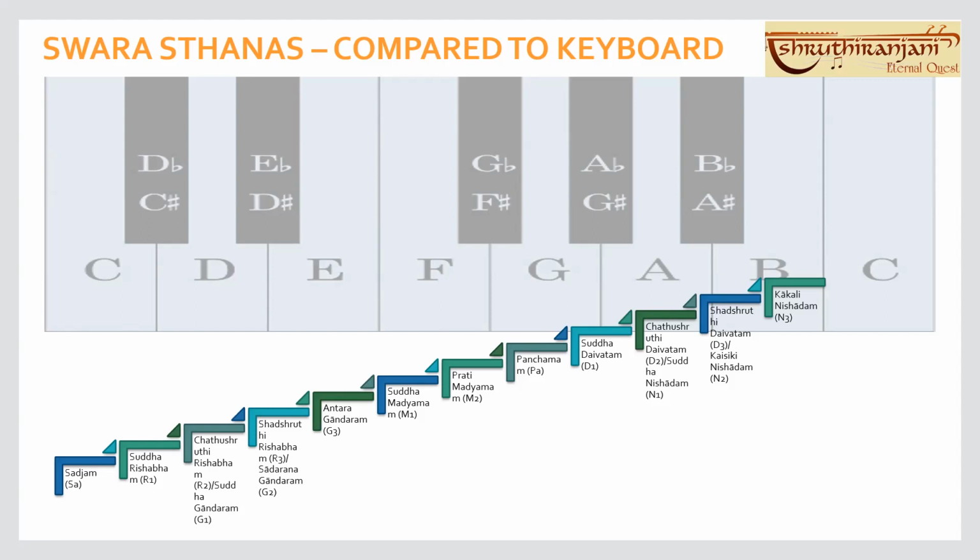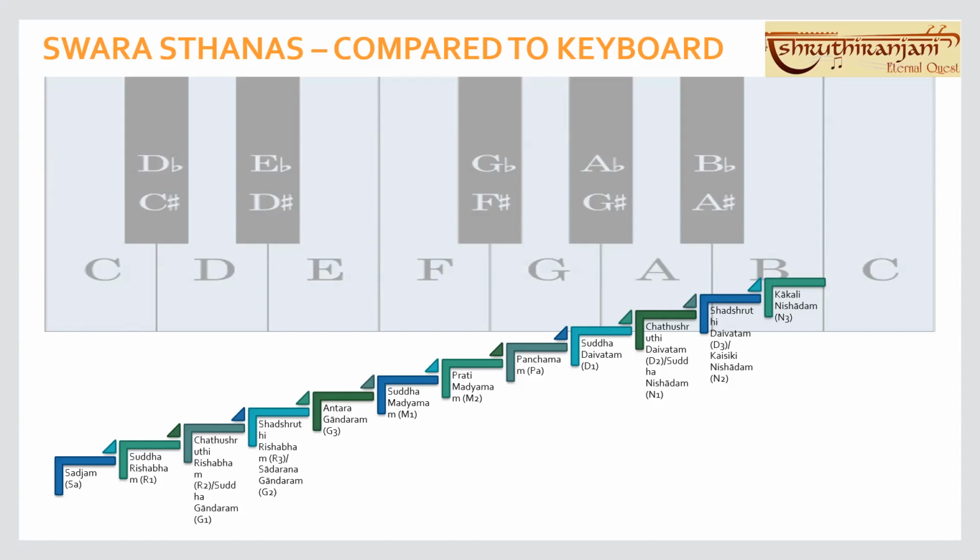It is called Vadi, Samvadi. Samvadi means harmony. When they are played together, they don't create a disturbance or a distortion. They sound just like they are in unison. They are in harmony. So that is why they are called harmonized notes, Samvadi.